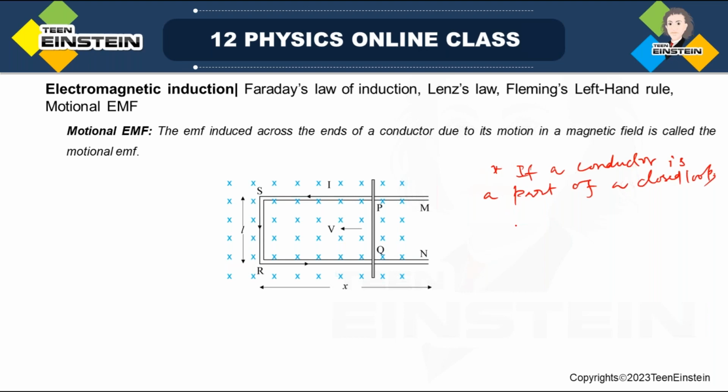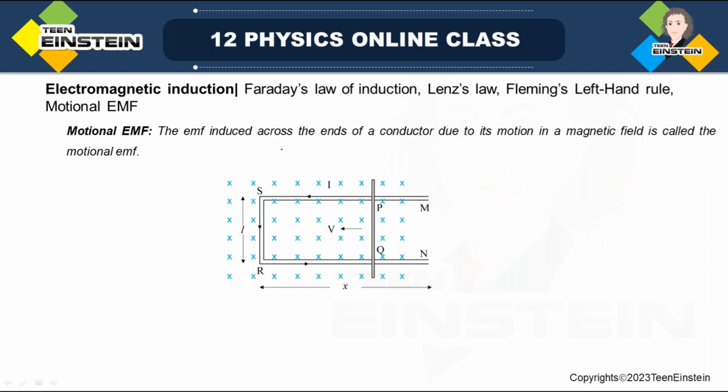Due to that, there will be a change in the flux, as I discussed. So BA cos theta is the formula for flux. If the area changes, then the flux changes, and that is actually the easiest way to change the flux.